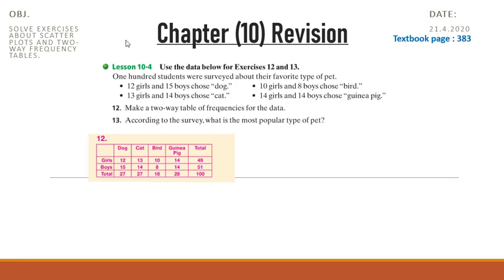According to the table, what is the most popular type of pet? Okay guys, anyone? Me, mister. The guinea pig. Great.